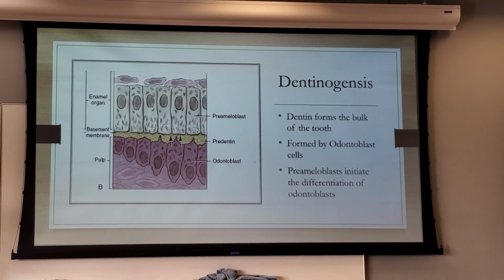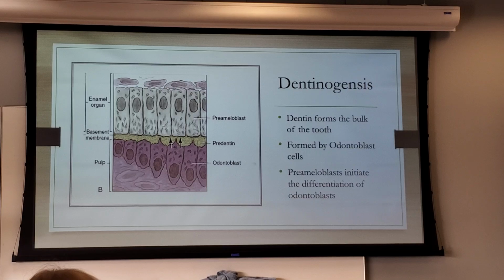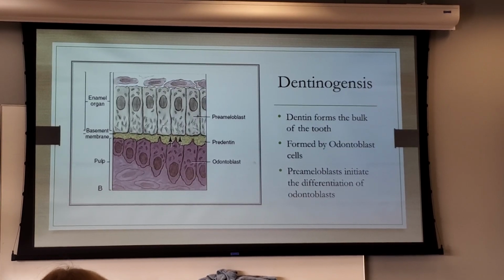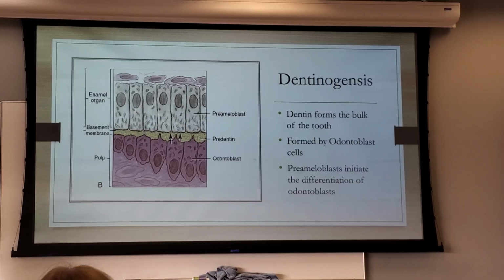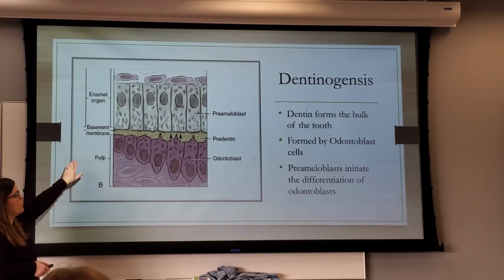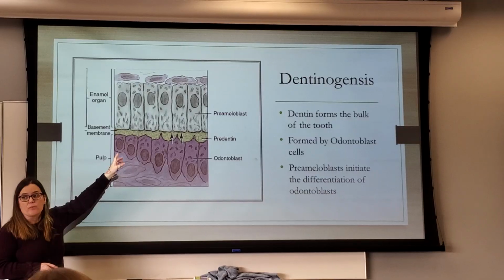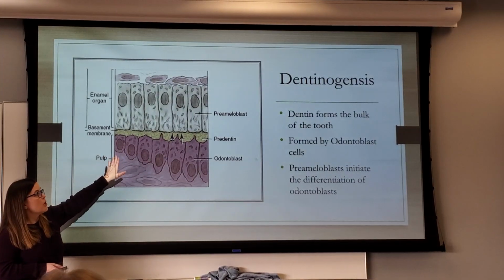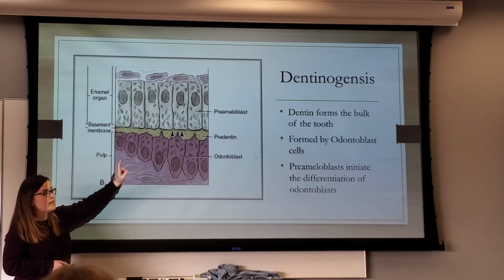So once they start to line up together and lengthen, then they start to secrete the dentin, and the dentin forms before enamel. Okay? Because we see here in this picture, the preameloblasts have not even differentiated yet to ameloblasts. They haven't even formed Tomes process yet. So the dentin actually starts to lay down first.